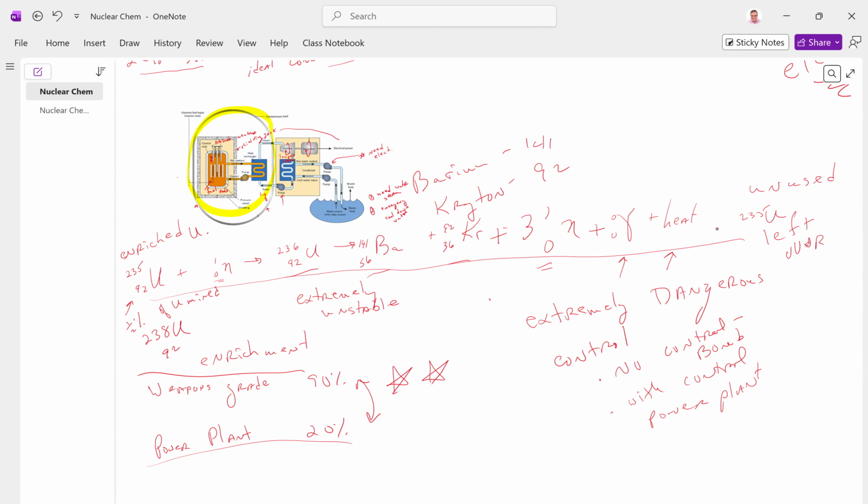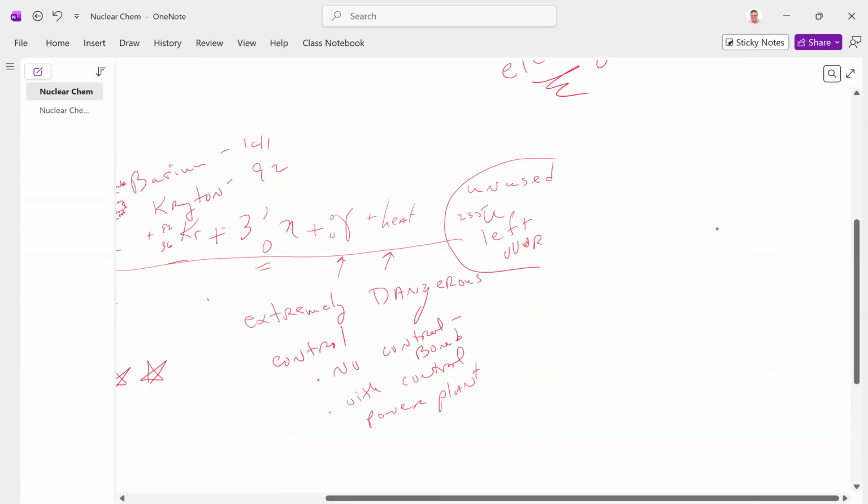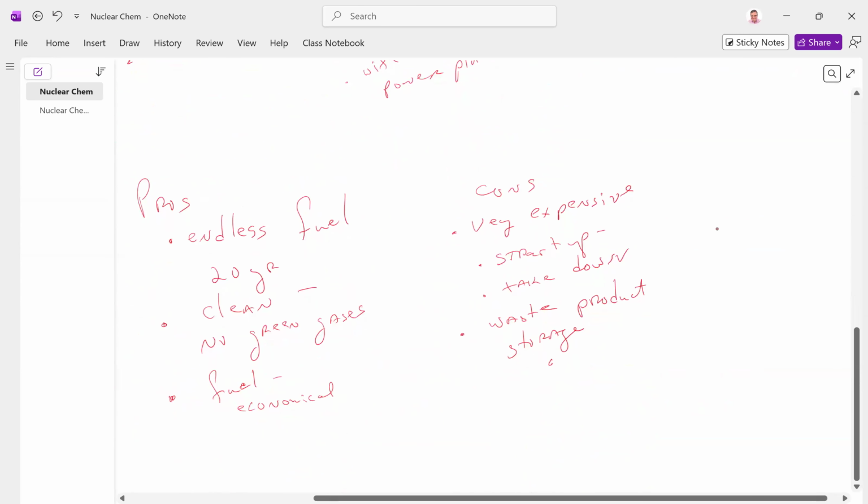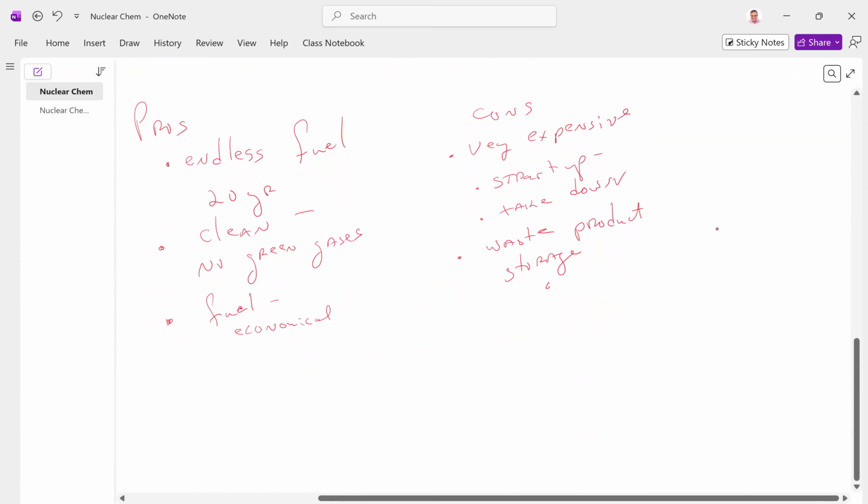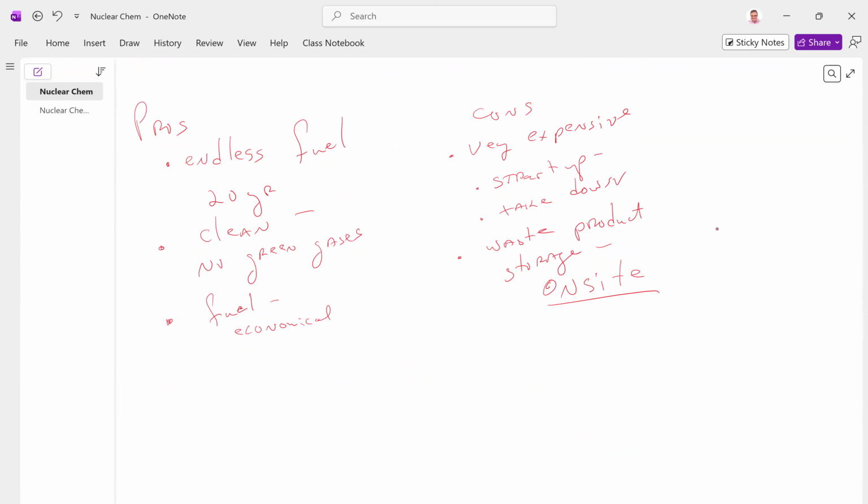Because it doesn't use up all of the 235. It uses a lot of it, but not all of it. So when they change out the fuel, the rods still are very radioactive. So what do you do with them? They store them on site.